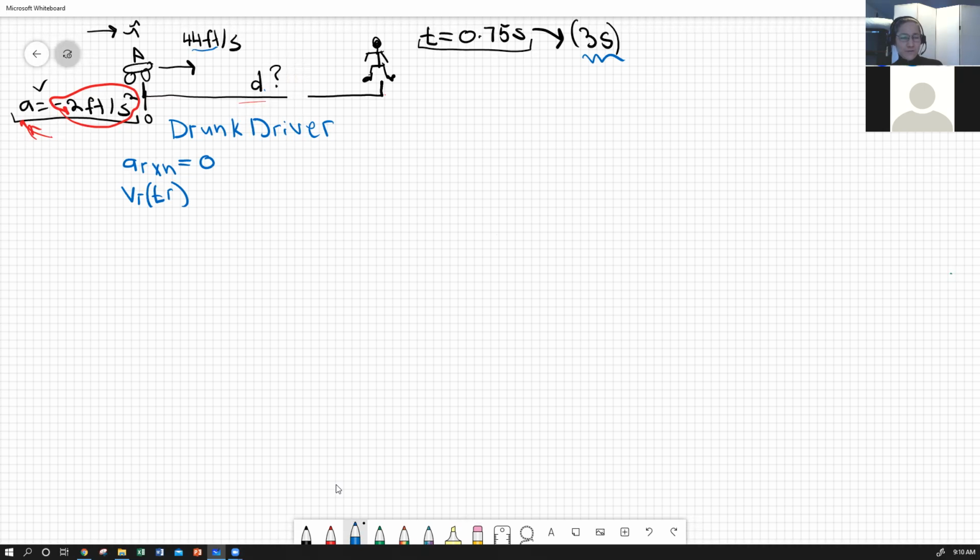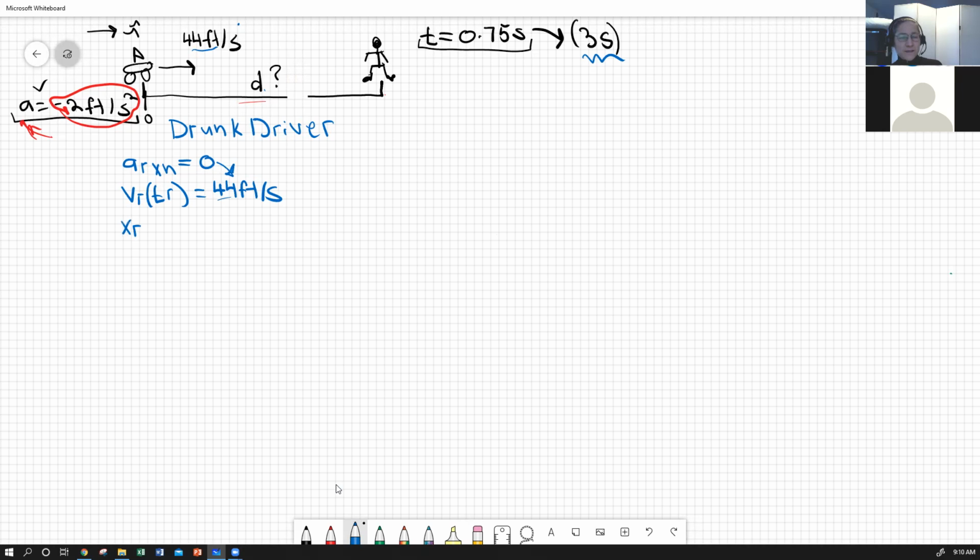But their velocity during the reaction period is 44 feet per second. What they came in with, we're assuming they're starting at the same speed as the non-drunk person. If we took the first time derivative of 0, we'd get a constant. That constant happens to be 44 feet per second.